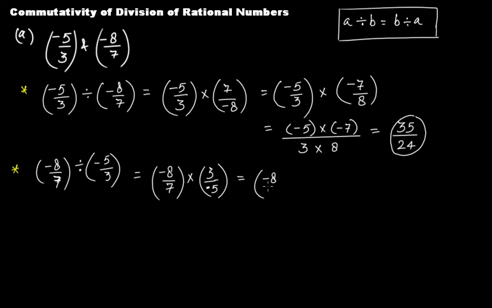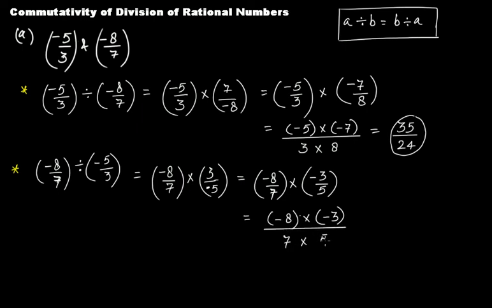So this is minus 8 over 7 times minus 3 over 5. So we multiply the numerators together. This is minus 8 times minus 3, and here you get 7 times 5.